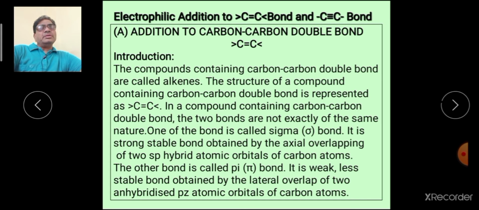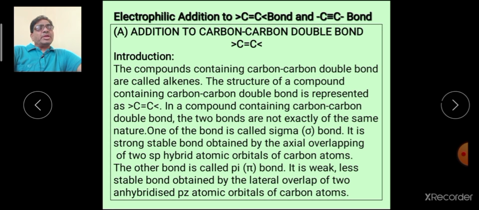Now we know that in these compounds the structure contains two bonds between the carbons, where one bond is a sigma bond, formed by axial overlap, which is a strong bond, while the other bond is formed by lateral or sidewise overlapping of the p orbitals, and therefore this pi bond is a weak bond.